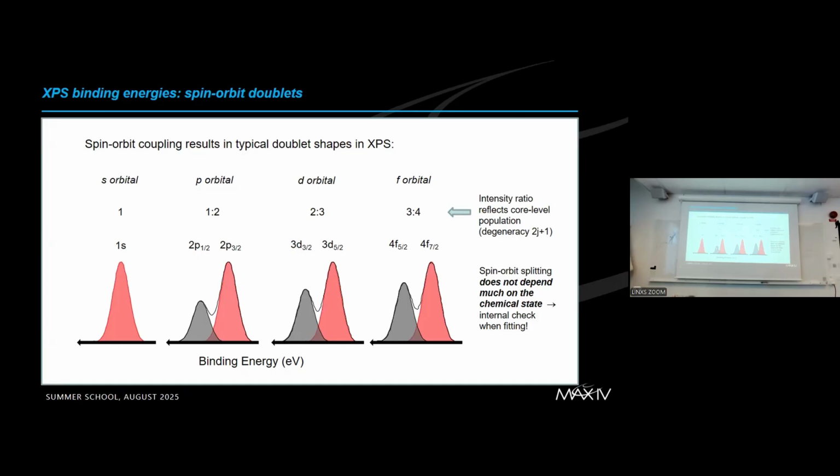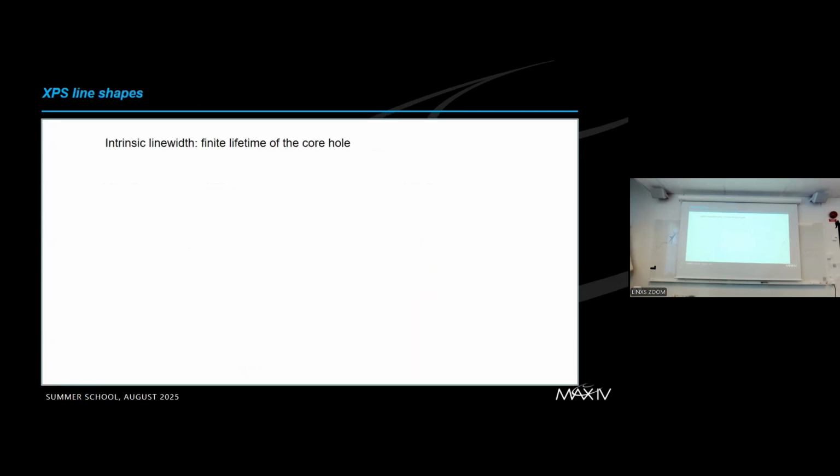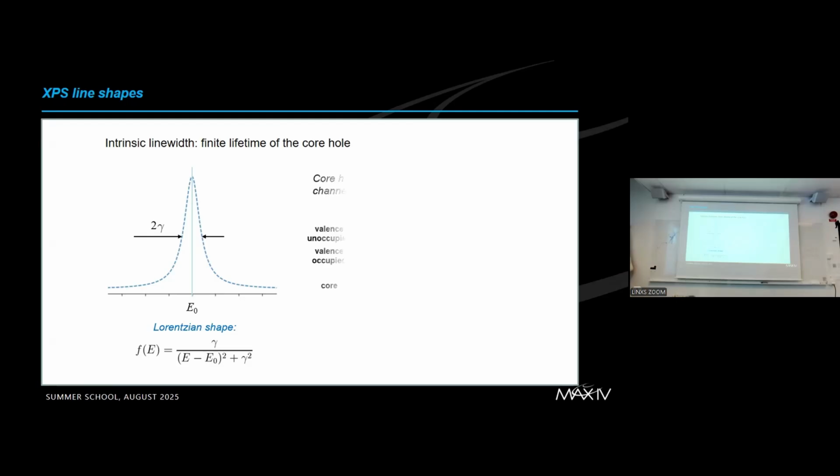So now, the shape of each individual component, how is it? What is the shape of each individual component? First of all, it is defined by the intrinsic line width, which is determined by the finite lifetime of the core hole. And it is reflected in the Lorentzian shape like this.